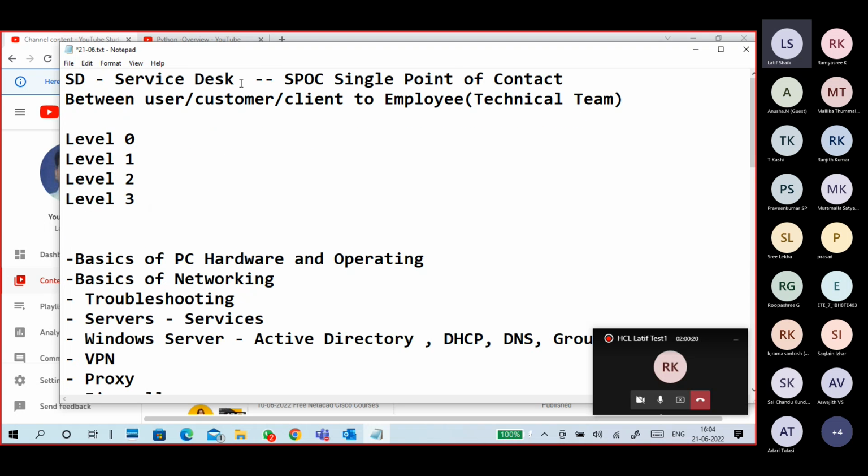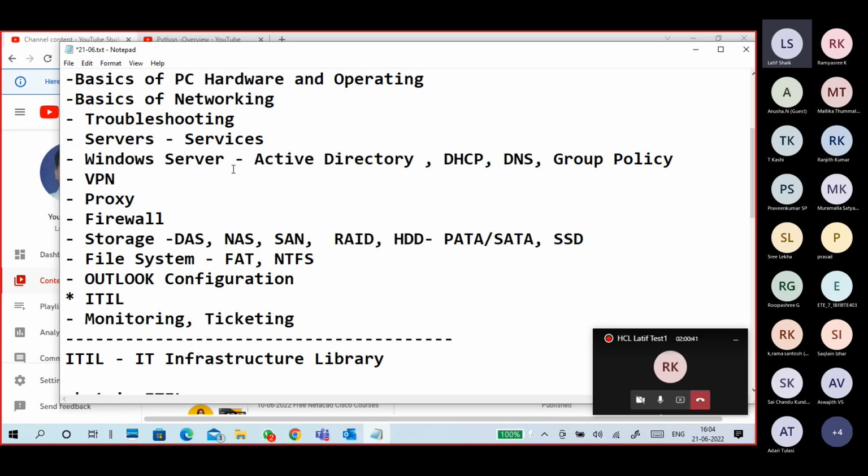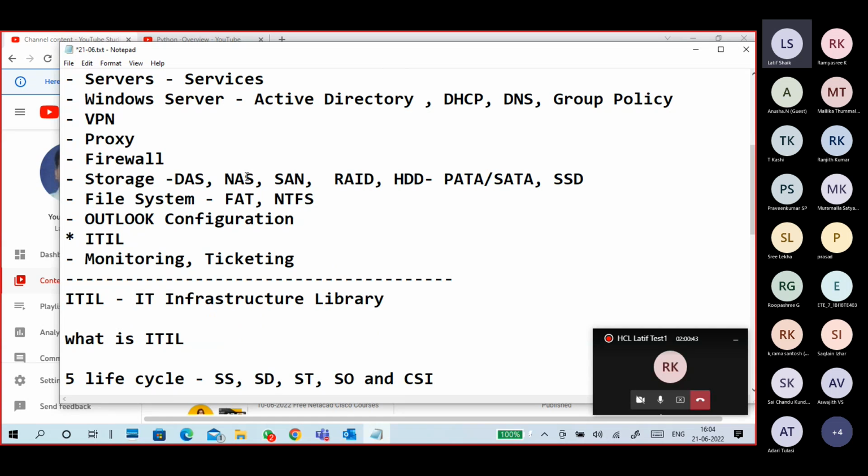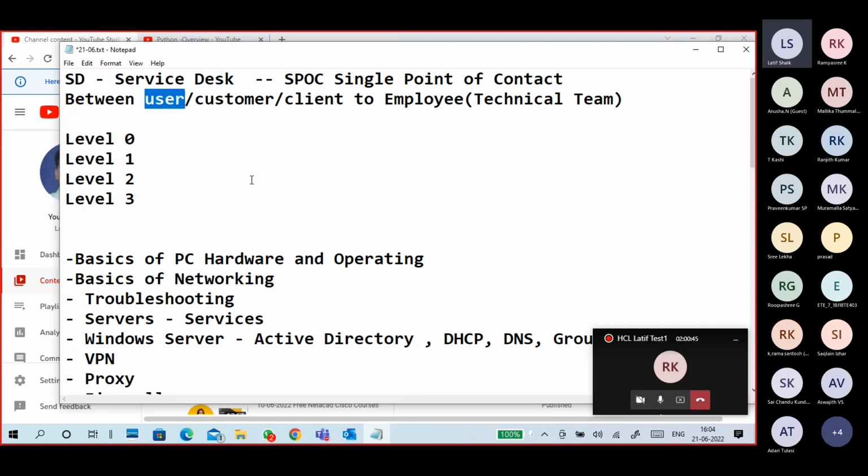Service desk first starts with monitoring user related issues, internal organization users' issues, or clients' issues. What type of issues occur? We have to find it. We have to monitor our infrastructure, and if any issues occur in our infrastructure, then immediately notify.